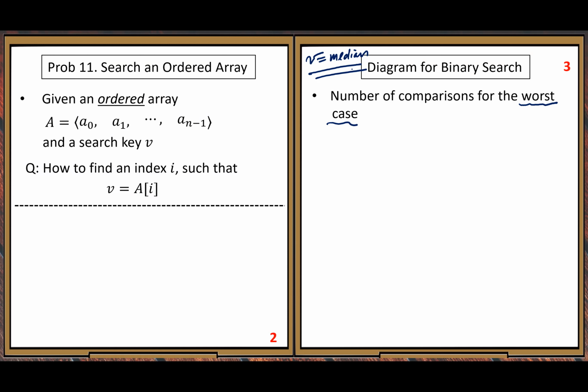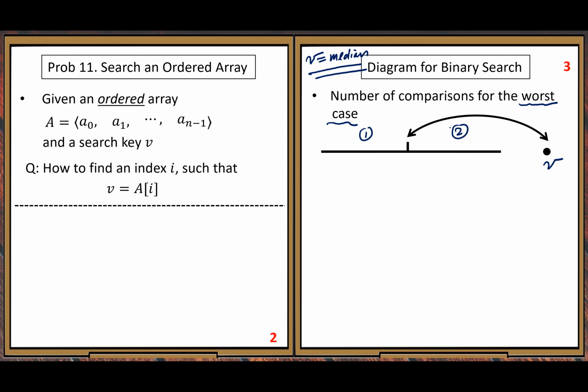Let's draw this diagram. We assume this line segment represents an ordered array, ascending order, right? The first time, this is our V, our key, compare it with the median element. After the first comparison, we eliminate one of the two subarrays, either the first subarray or second subarray.